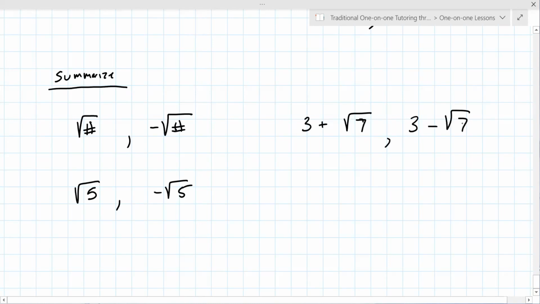Similarly with i's. If it's 12i, that means it's also minus 12i. And if it's 1 plus 6i, that means it's also 1 minus 6i. That's the key to take away from all this.